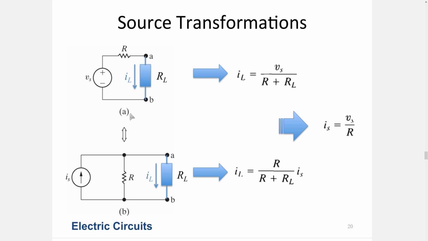Its value is the same, it doesn't change. And RL is also the same. But from Vs to Is, I can make this transformation. Now this might be very handy in situations where we can use this trick to further simplify the circuits that we need to deal with. This is why source transformations are very handy and useful.